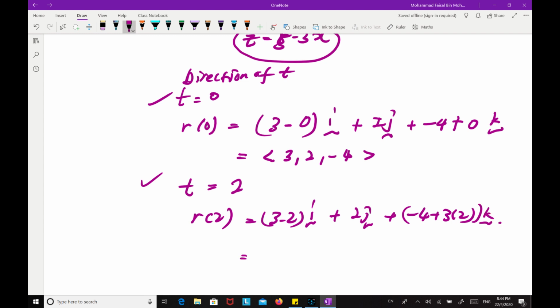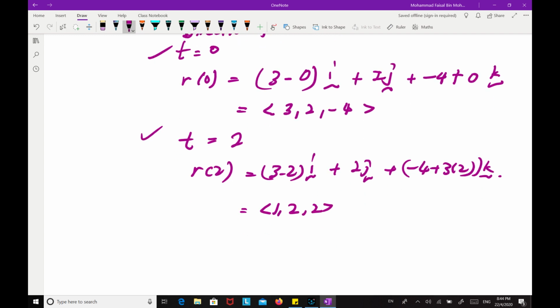You will end up with 1, 2, 2. And then t equals 3 gives r(3) equals 0, 2, 5. So this is the direction of increasing t. We just try these values, and now we have to sketch.